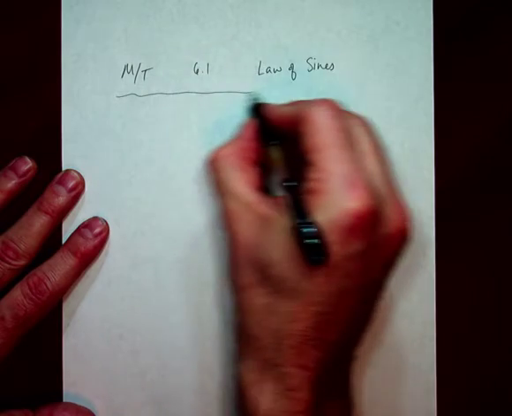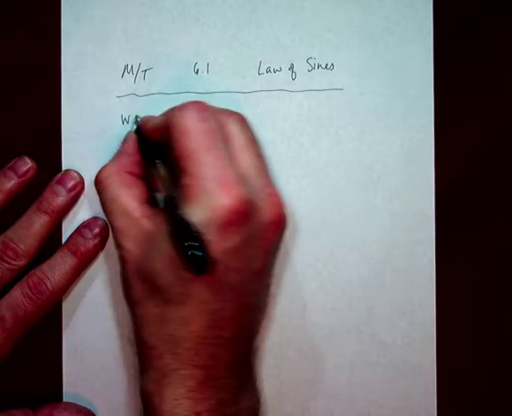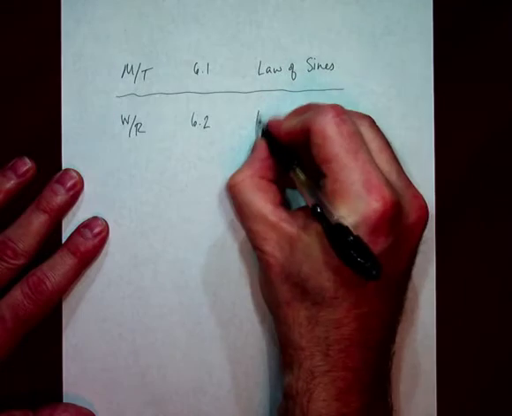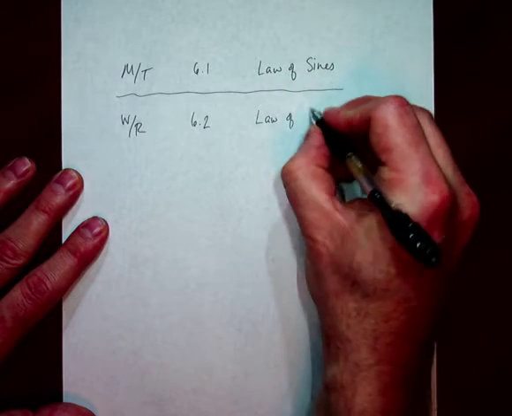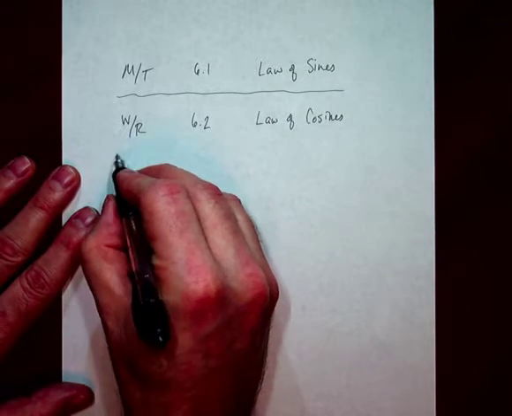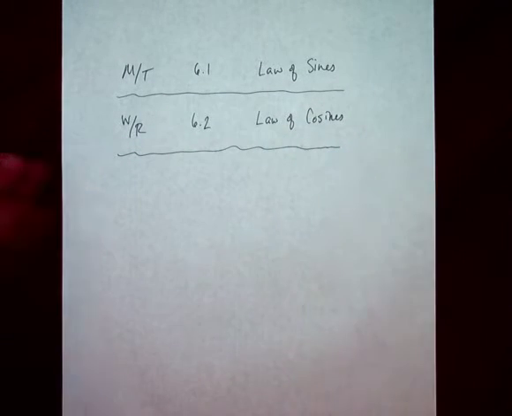Please do complete it on time if you can. Wednesday and Thursday is going to be 6.2, which is law of cosines, and it has an area formula as well called Heron's area formula, or Hero's area formula. It actually pops up, the guy's name pops up both ways.